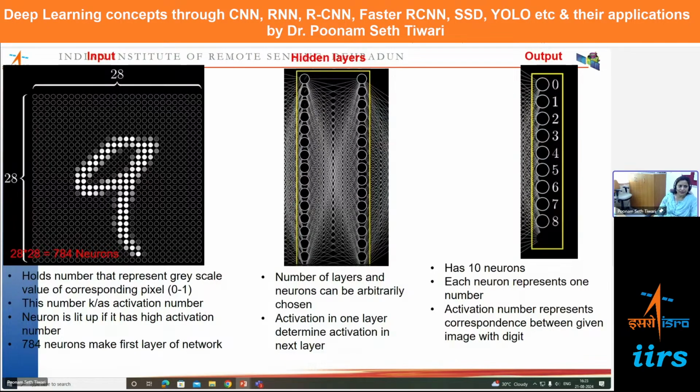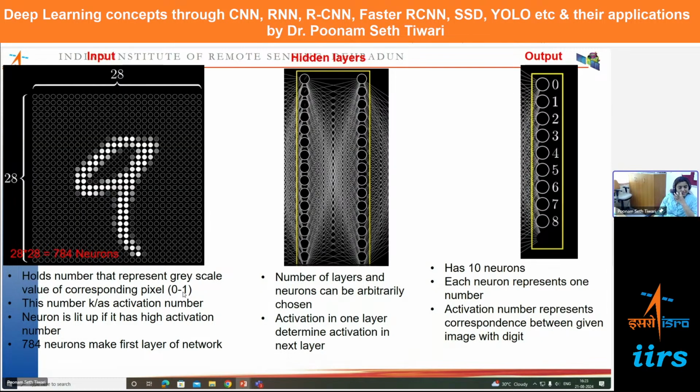So these are my pixels, 28 pixels by 28 pixels, a total of 784 pixels. So the input layer would have 784 neurons. The input layer holds numbers that represent the grayscale value of the corresponding pixel.